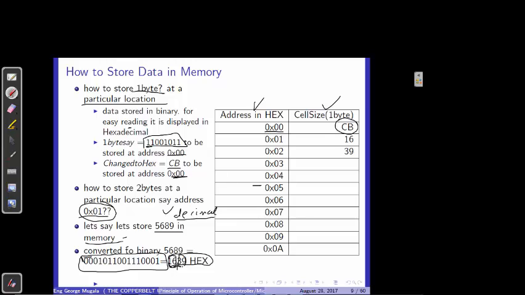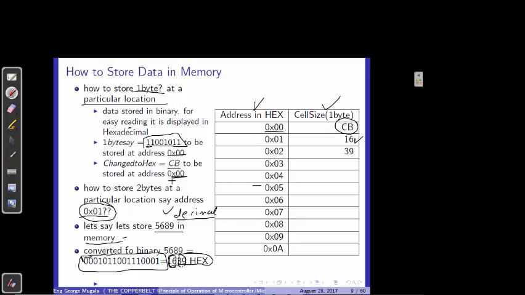Now there are 2 ways in which this address could hold these numbers in hexadecimal. The first way is to start with the upper byte number, and the other number, 39, is stored in the consecutive memory location.